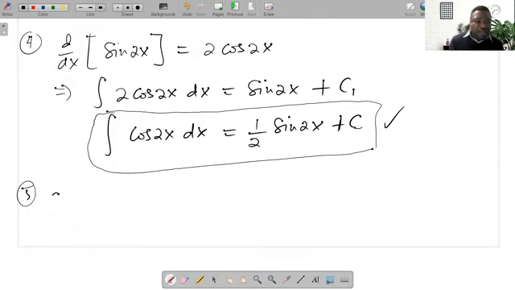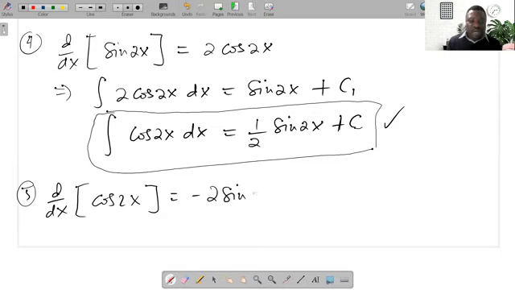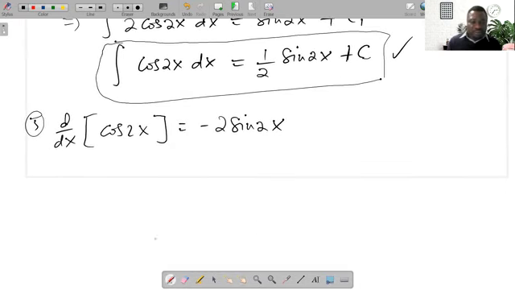On the flip side, if I gave you d dx of cosine of 2x, this one is going to give you -2 sine 2x. And so we can do the same thing here.